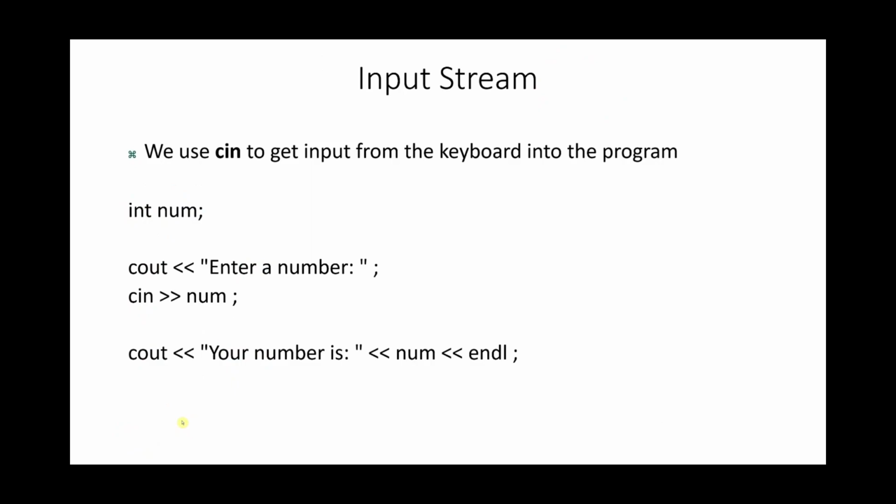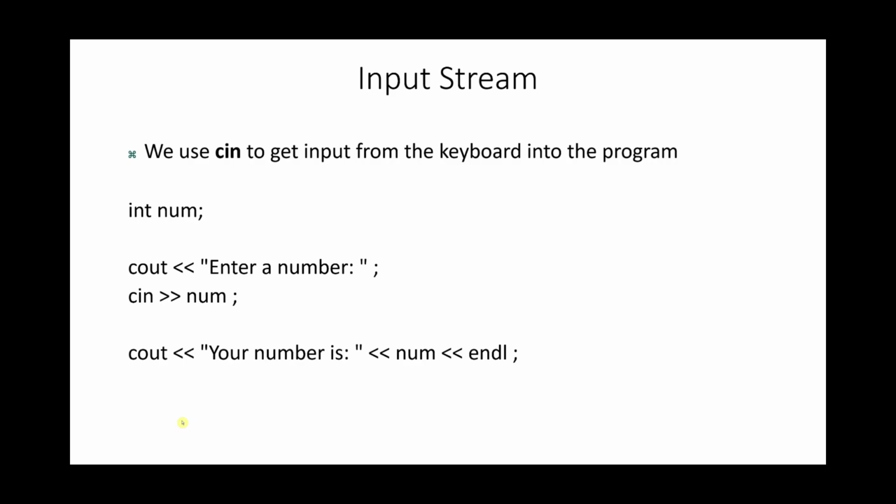Okay, let's talk a little bit about input streams too. So remember, input streams are like output streams, but instead of having the code sending to the console, now we are getting something from the console and storing it in a variable in our code.